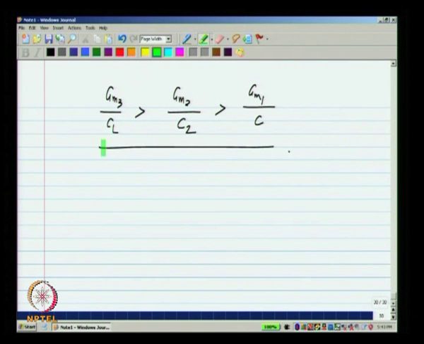but intuitively this condition has to be satisfied. The unity gain frequency of the innermost op amp has to be more than that of the one outside it, and which has to be more than that of the one outside it.